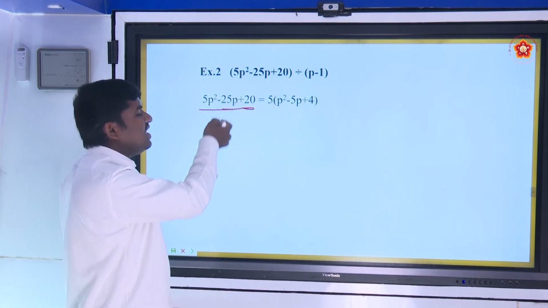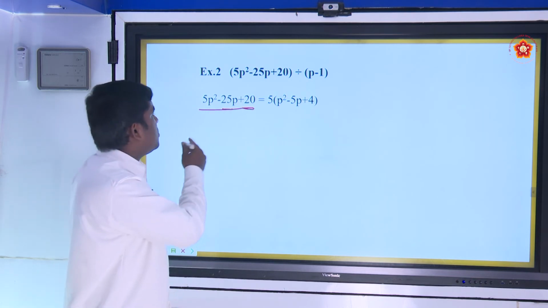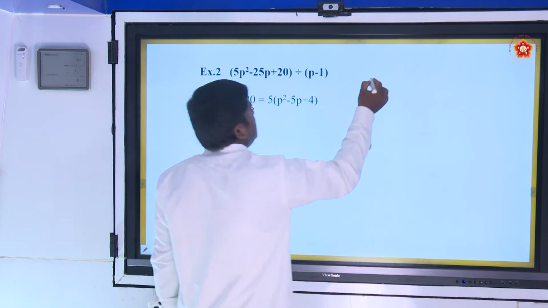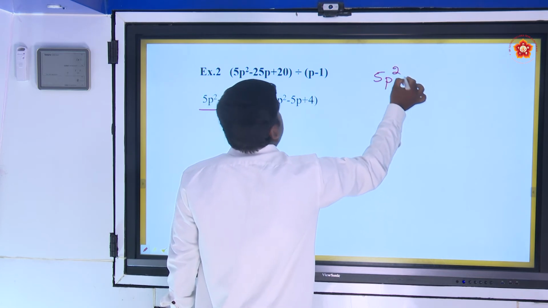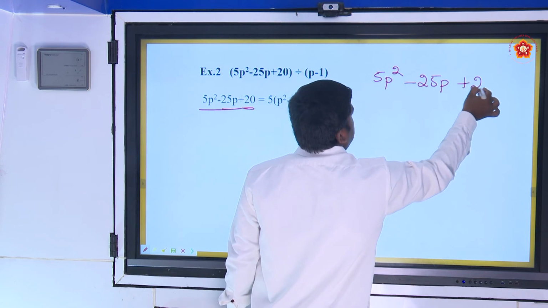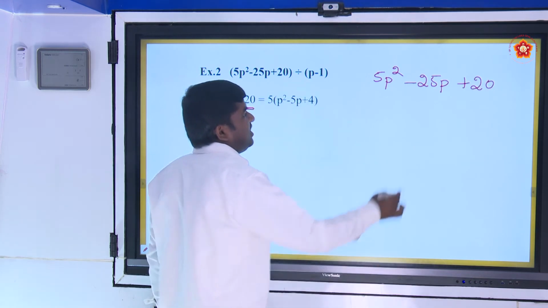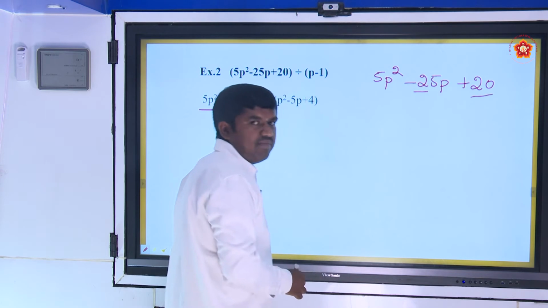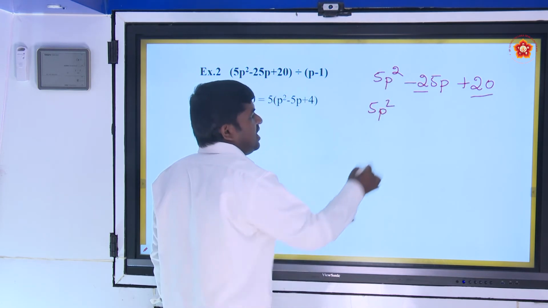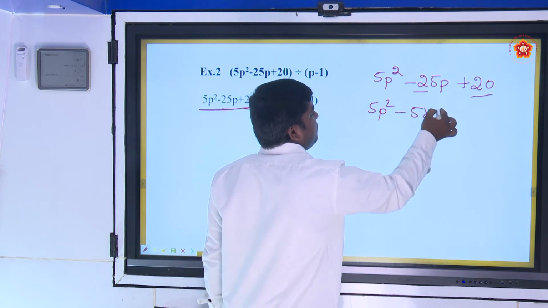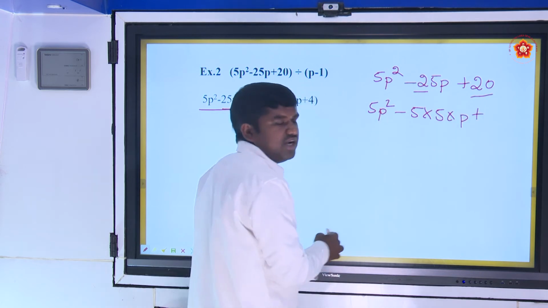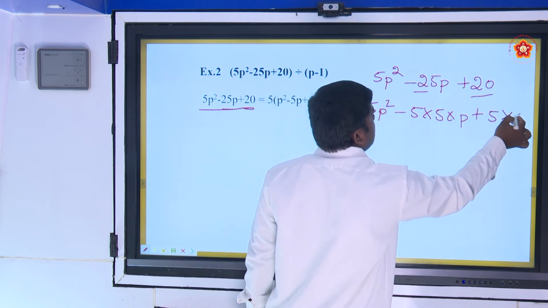If you write the irreducible form, 5p square as it is, 25p can be written, wait, I will write this, 5p square minus 25p plus 20 is there. So if you write the irreducible form of 25 and 20, 5p square as it is, minus 25 can be written as 5 into 5 into p, plus 20 can be written as 5 into 4.